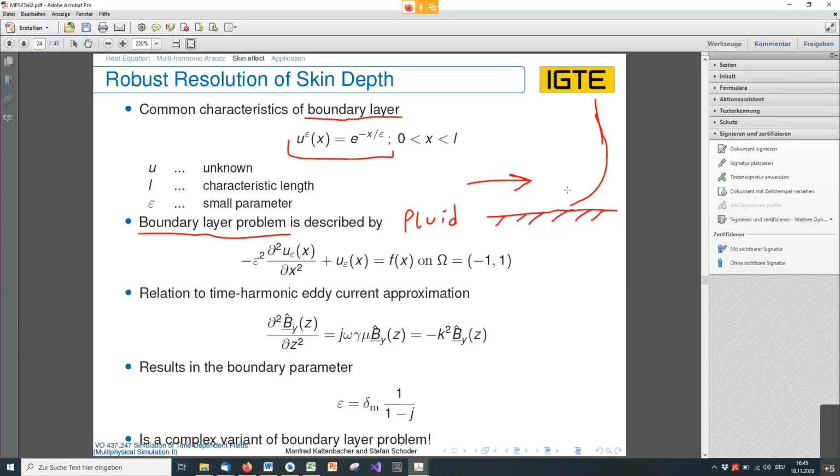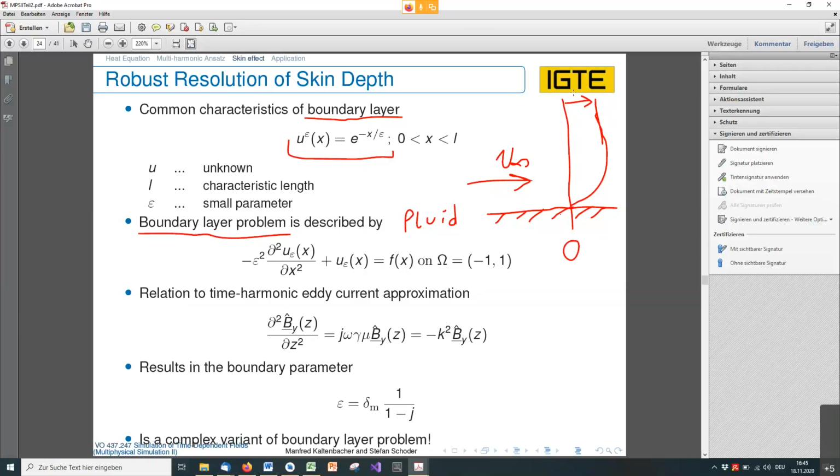Here the value is 0, and here we have the velocity of the approach, which is typically called u infinity, and the boundary layer of the flow then approaches from a value of 0 to the u infinity.